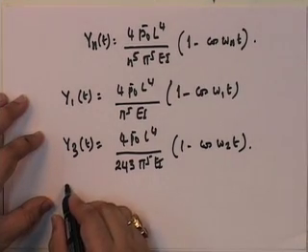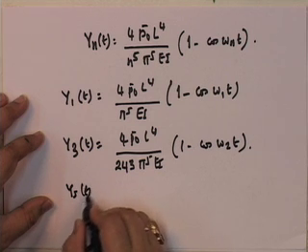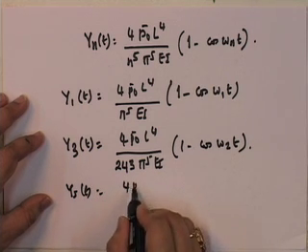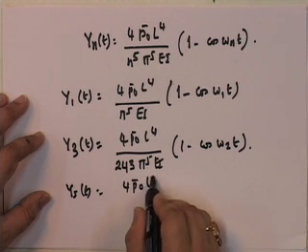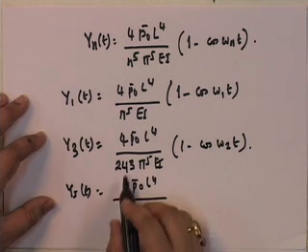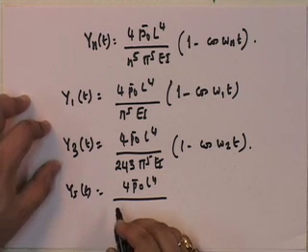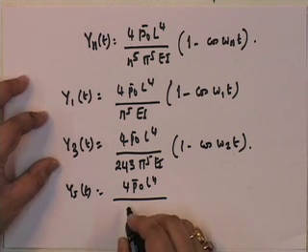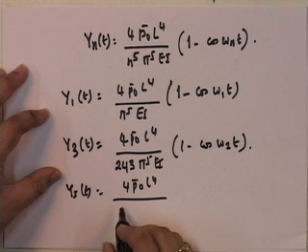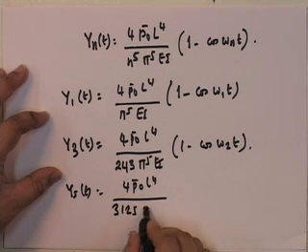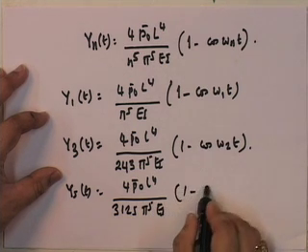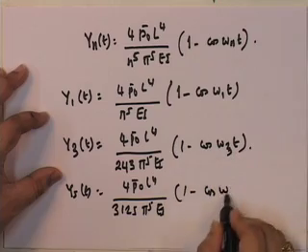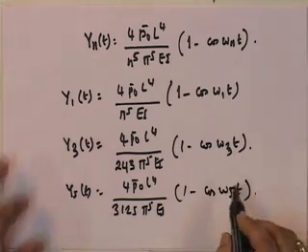Well, let us look at y 5. You get 4 p naught L 4th upon, now look, 5 to the power of 5 is 3125 pi to the power of 5 E I into 1 minus cosine omega 5 t.